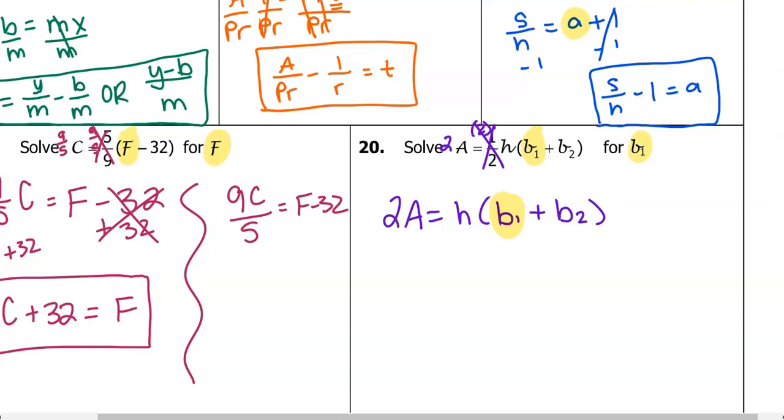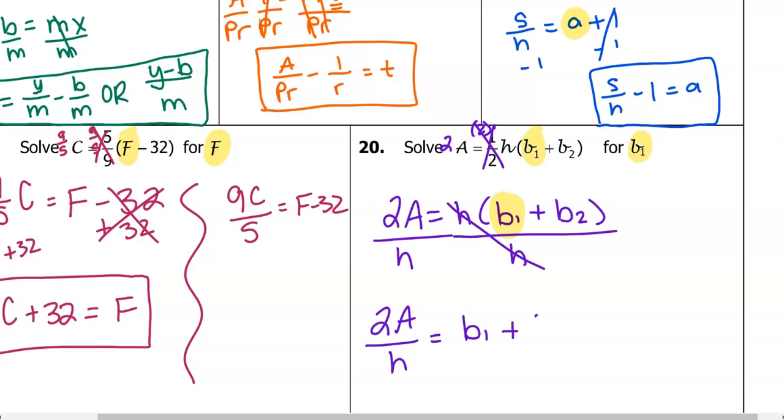All right, moving the H or moving the B2? How am I going to move the H? There you go. Divide by H. 2A divided by H equals B1 plus B2.